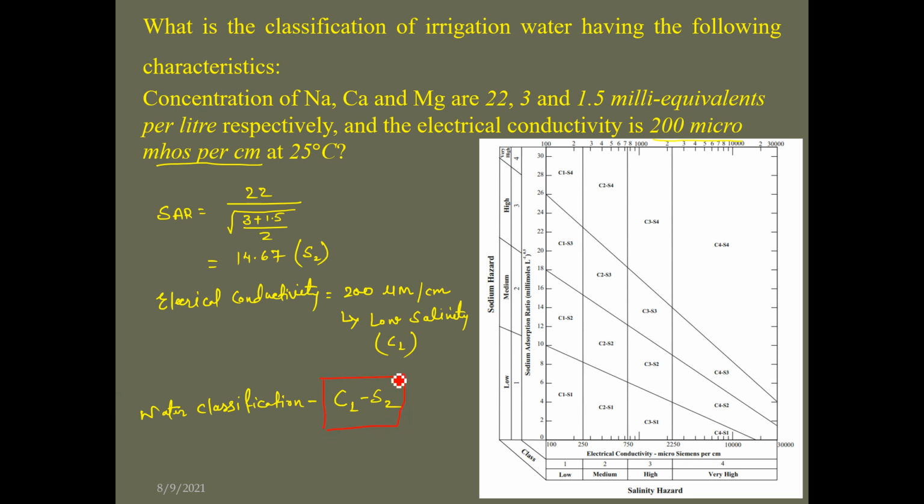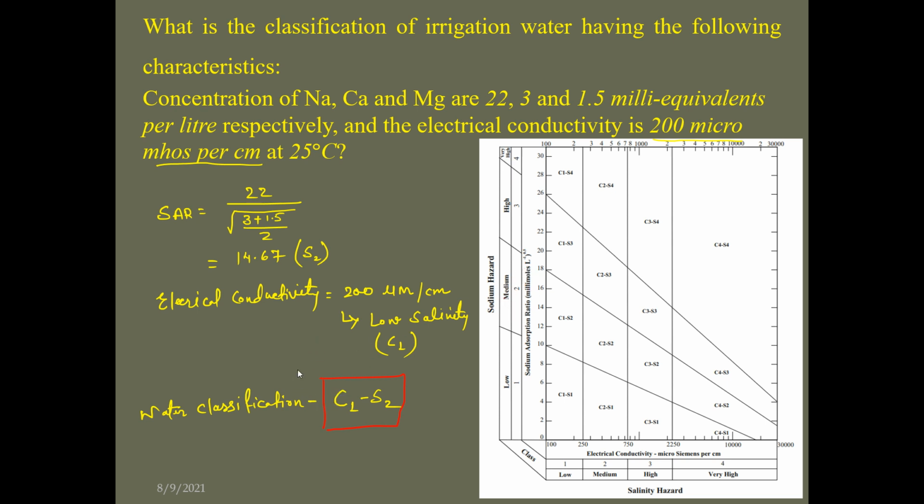Why C1? Because it has low salinity depending on this 200 micromoles per centimeter. Micromoles per centimeter and microsiemens per centimeter are equivalent. And this SAR is 14.67, which lies in the medium sodium hazardness. So we can categorize this water as C1S2.